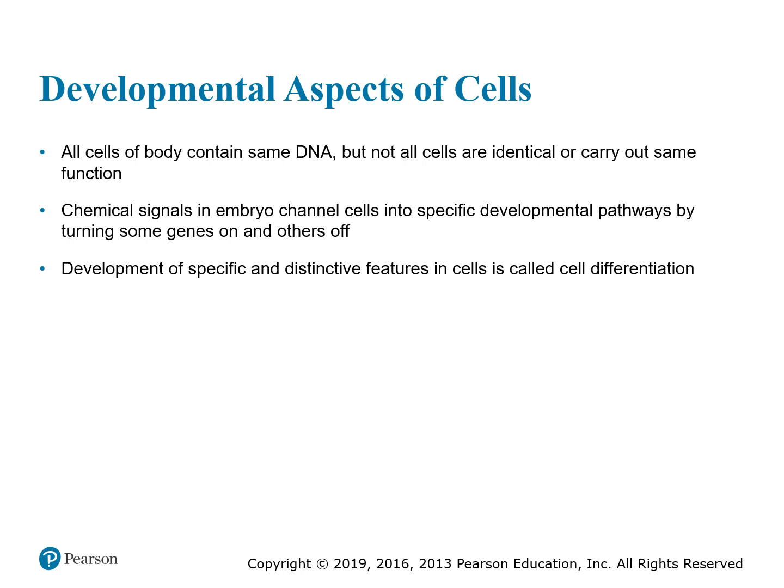So, developmental aspects. It's hard to really imagine this, but all somatic cells share the same DNA. They have exactly the same copies of everything. Every cell type can be induced into another cell type, but they do not carry out the same function.